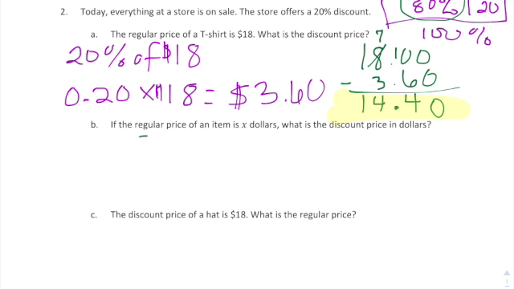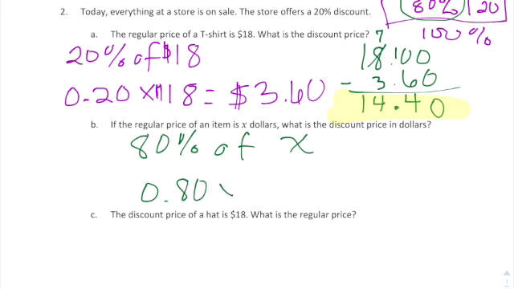I'm trying to find 80% of X. So all I'm going to do is say 0.80 times X. And I'm going to use this to show times. Okay. I can put any number in for X and I will find what the discounted price would be.